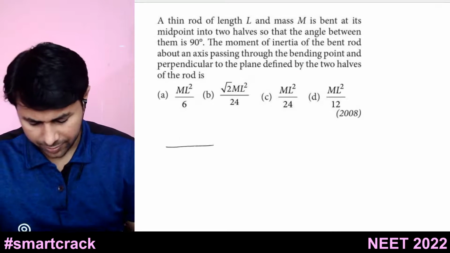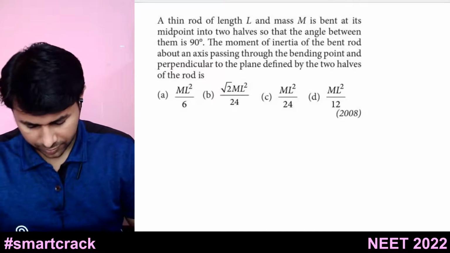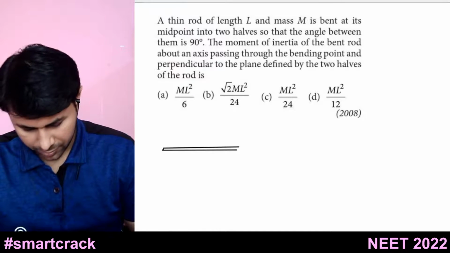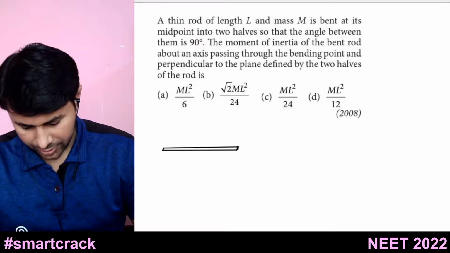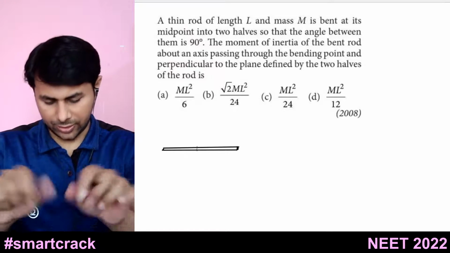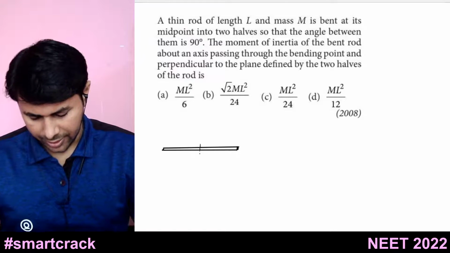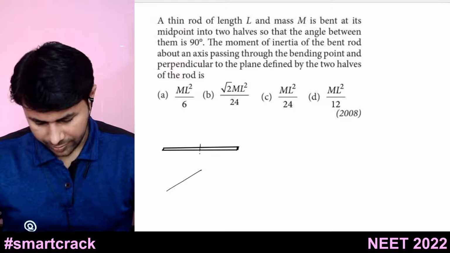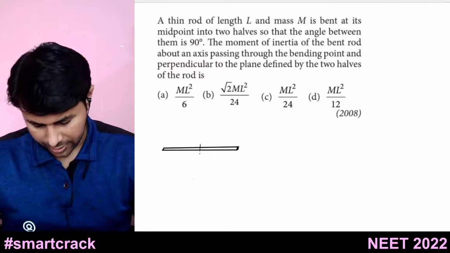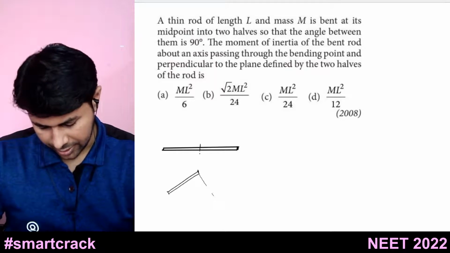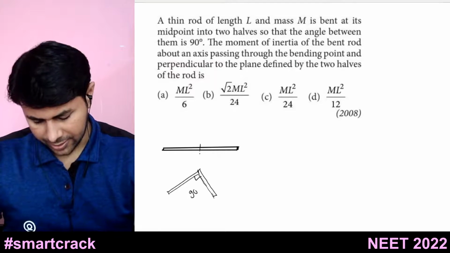So this is the rod, and you bend it about the midpoint, about this point, and you form a shape like this. The angle between these two halves is 90 degrees.